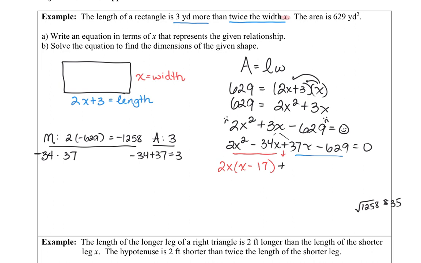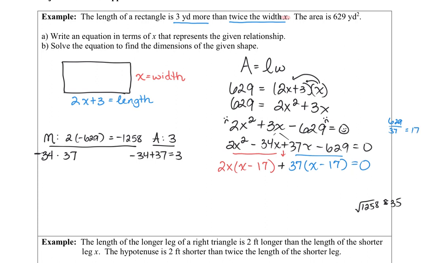And I'm thinking it's probably going to be 37, yes. And that 37 times 17 is 629. So I'm going to factor out a 37, and that's going to be x minus 17. I took my calculator, and I said 629 divided by 37, and it turned out to be 17.